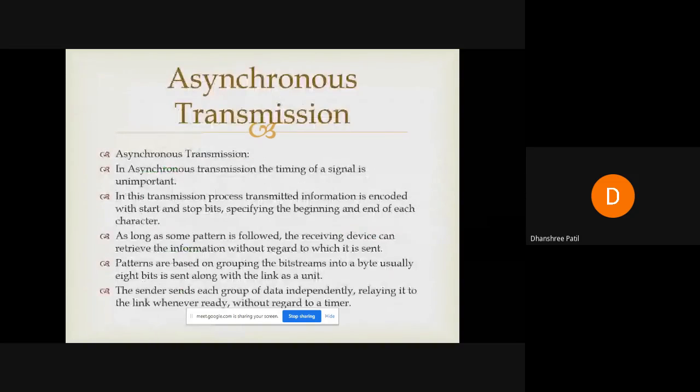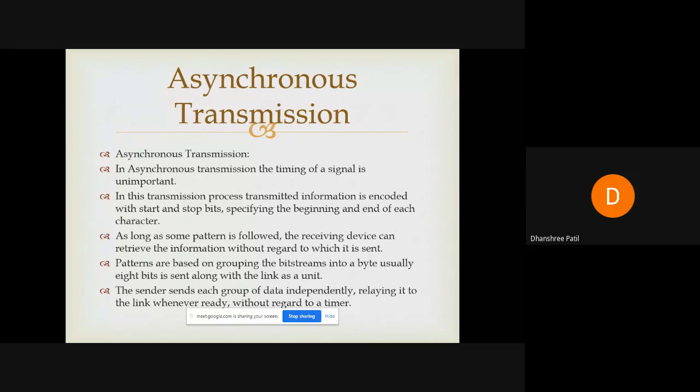Okay, so the next point is synchronous and asynchronous transmission. These are the two ways of transmission, how the data can be transmitted. First we'll see what is asynchronous transmission. In asynchronous transmission, the timing of the signal is unimportant.